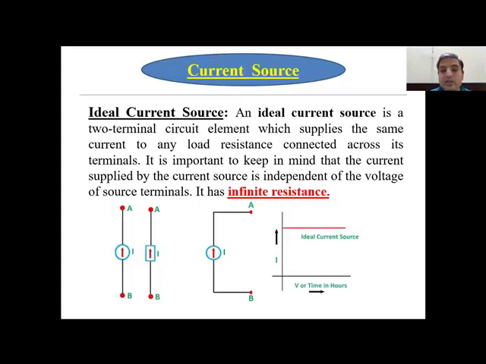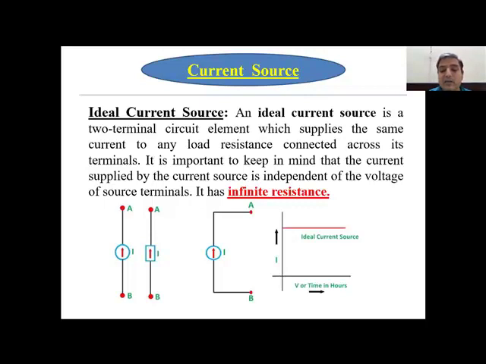Ideal current source is also a two-terminal circuit element that supplies the constant or same current all the time of the operation, and this constant current is independent of the voltage of the source terminal. Just like the voltage source provides the constant voltage irrespective of the current drawn by the circuit, the ideal current source will provide the constant current throughout the time of the operation.